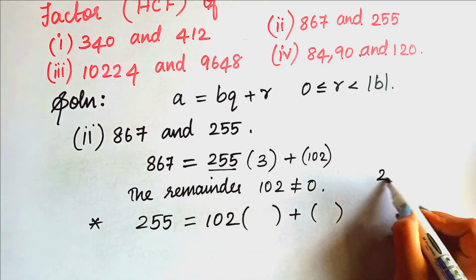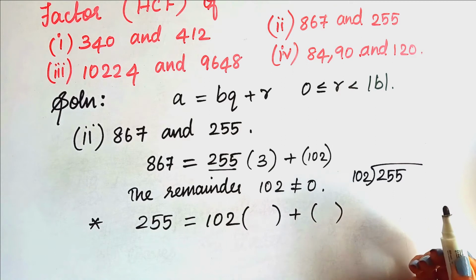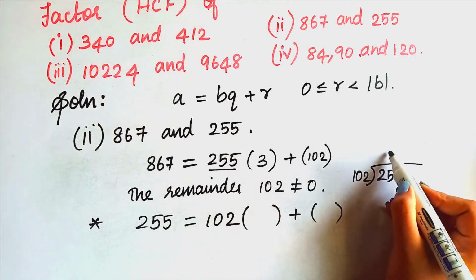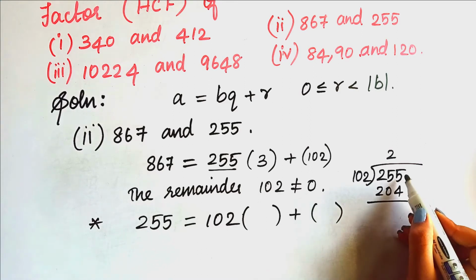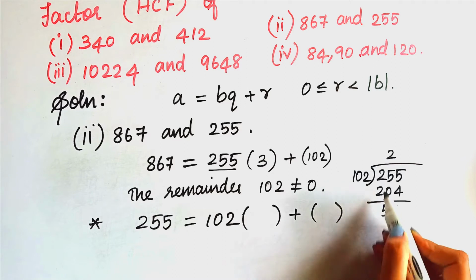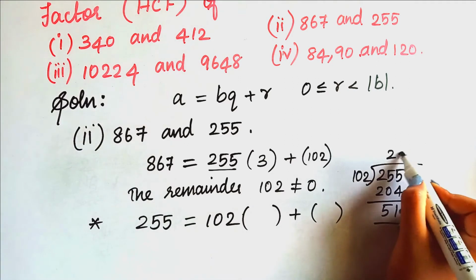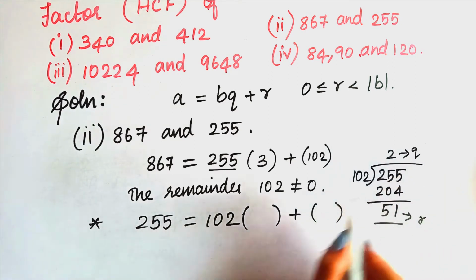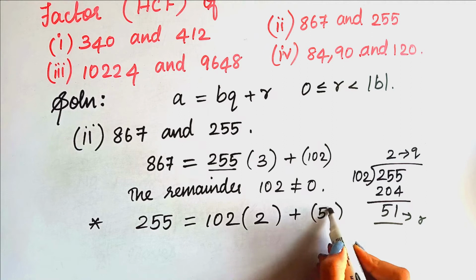Here 255 will be inside and 102 will be outside this time. So 102 twos are 204, and let's subtract. 5 minus 4, we'll get an answer 1, and here there will be a 5. 2 minus 2 will get an answer 0. So this is our remainder and this is our quotient. Let's substitute that here. Quotient is 2 and the remainder is 51.